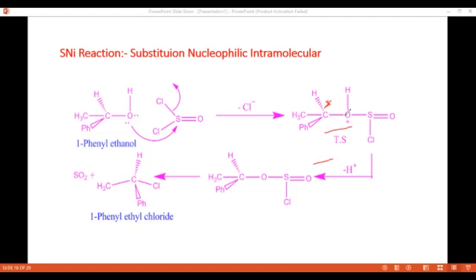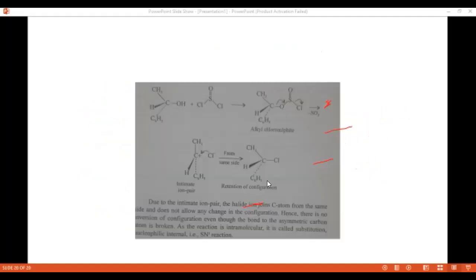Then the chlorosulfide loses sulfur dioxide, minus SO2, and forms the intimate ion pair.